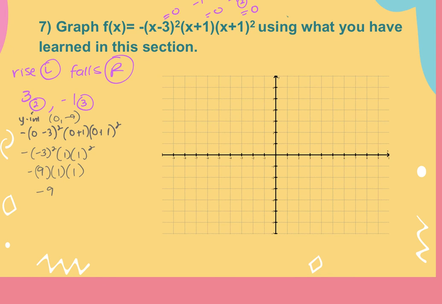So I've got a 0 at -1, and there's 3 of them, which means it's going to cross through. A 0 at +3, and there's 2 of them, which means it's going to bounce. And a 0, -9 for my y-intercept. So it rises left.